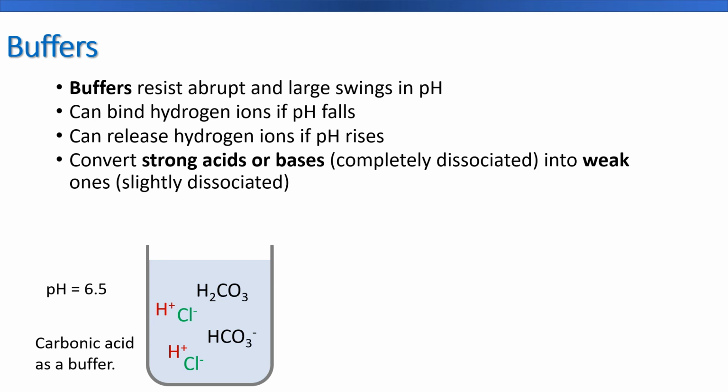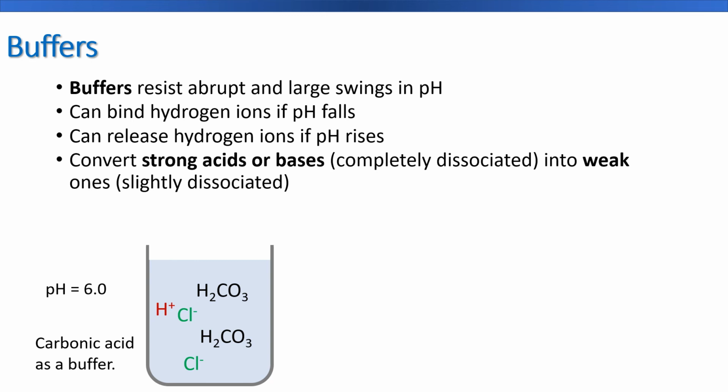Perhaps initially it'll go from 6.5 down to 5.5. But this negatively charged bicarbonate ion, it can bind up some of those hydrogen ions. And when it does, it takes those hydrogen ions out of solution. And without some of those hydrogen ions in solution, the pH is no longer 5.5, but maybe more like 6.0.